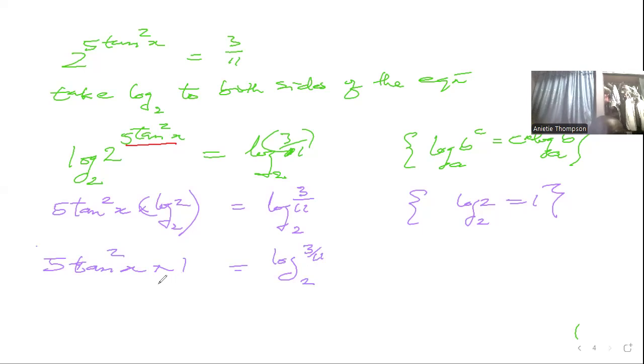Okay, so right now, I multiply the reciprocal of 5 to both sides. Let me put that here. Multiply 1 over 5 to both sides of the equation.